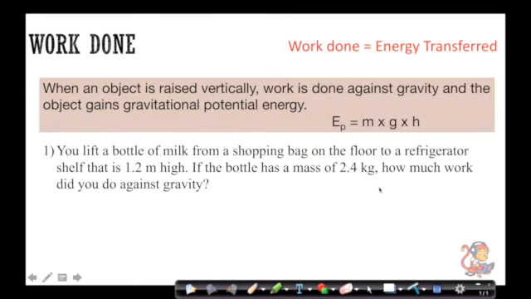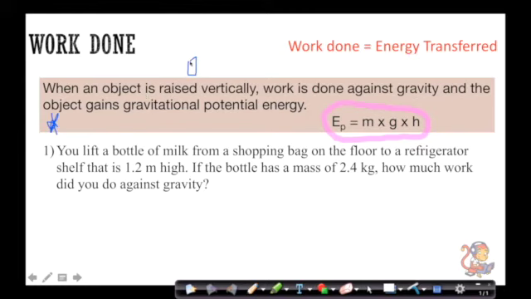Finally then, one step up, we're going to relate work done to another equation that we've looked at before. We're going to relate work done to this equation here, which is gravitational potential energy equals mass times gravity times height. And it's all to do with this phrase that we need to get our heads around, which is when an object is raised vertically.